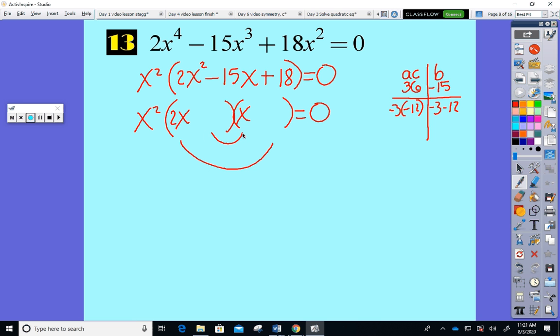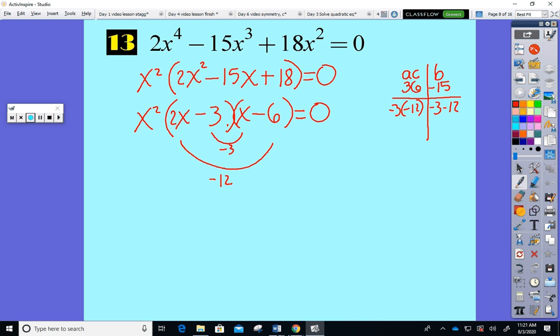So it would have to be like this: 2x times -6 gives you the -12, and then it would have to be 1 times -3. And then double check it and make sure you didn't goof up, because we all have one thing in our head sometimes, but we write something we didn't mean. So that would be 2x squared minus 12x and minus 3x is your minus 15x, and then plus 18.